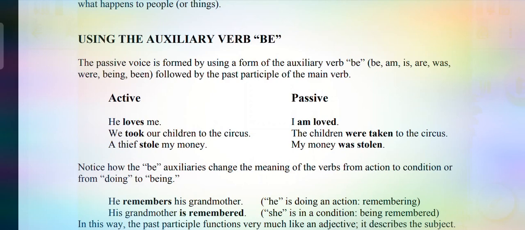I am loved. We took our children to the circus. The children were taken to the circus. A thief stole my money. My money was stolen. Notice how the be auxiliaries change the meaning of the verbs from action to condition, or from doing to being.